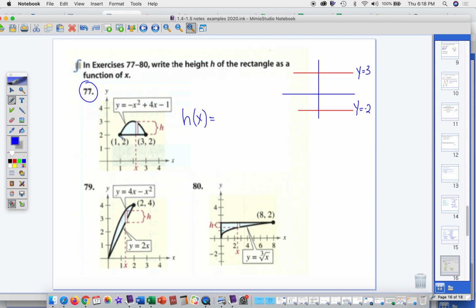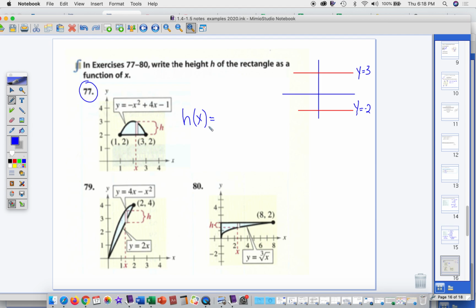All along here, these function values or y values are the maximum values. And when we take away the value of 2, which is the boundary from the horizontal line, that would give us the height if we calculated each and every one, which would be next to impossible because there's infinitely many points here.